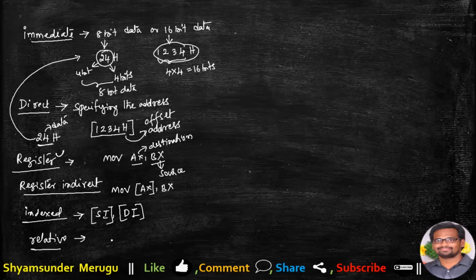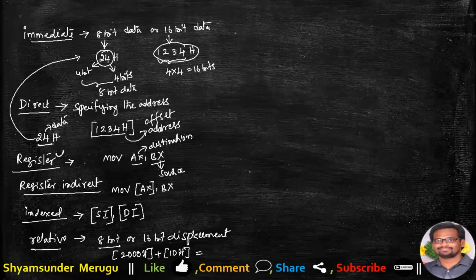The term relative indicates 8-bit or 16-bit displacement. For example, let us consider my address is 2000H. Now I want to add a 16-bit displacement, let us consider 10H. Then this is mentioned in brackets, right?